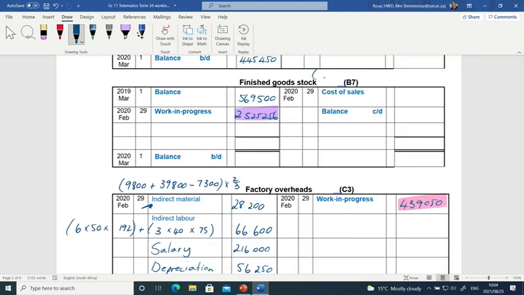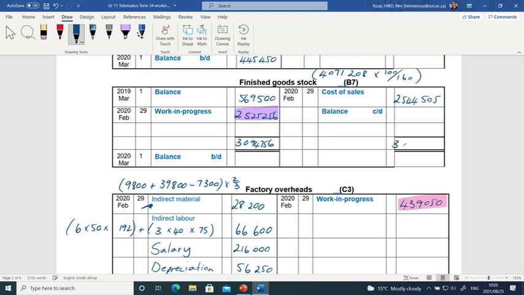Cost of sales, sales given 4,071,282.08 times 100 divided by 160 to give me the cost of sales, 2,544,505. And then I can calculate, balance this account, 3,094,756.